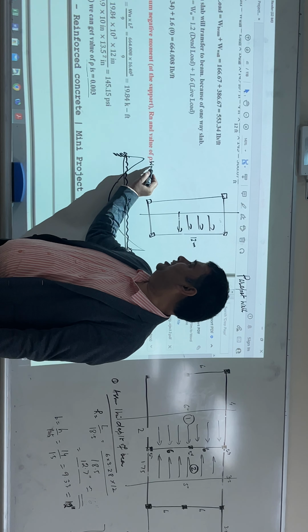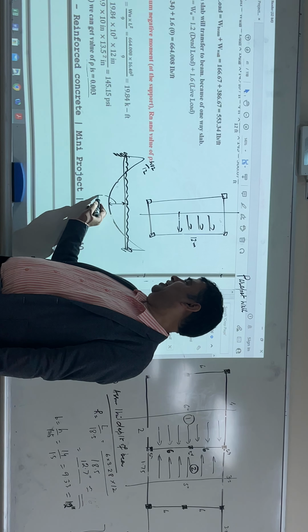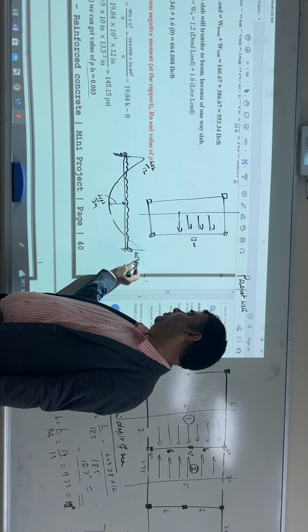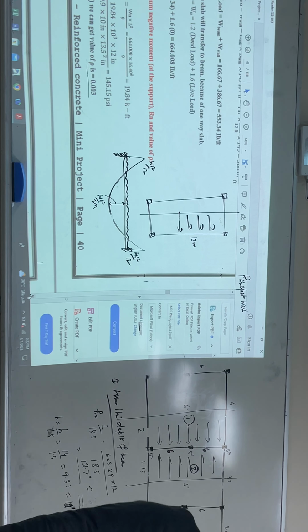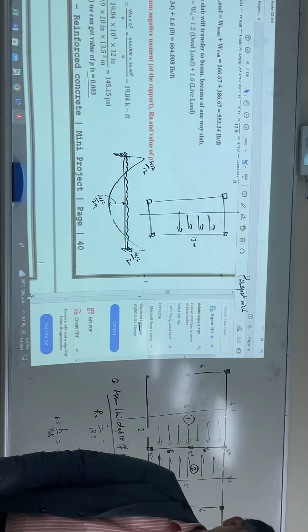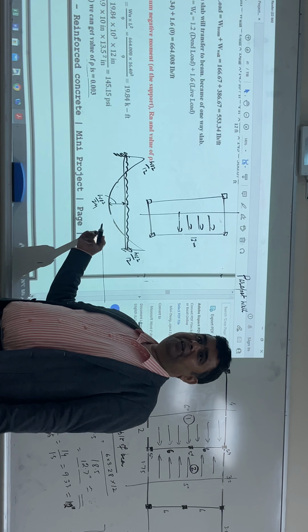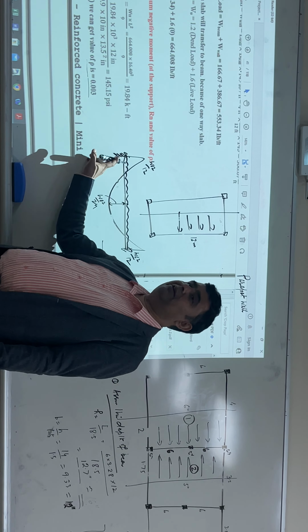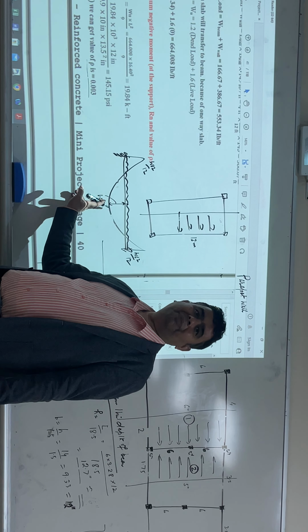Here WL square by 12, and this will be WL square by 24. This is the moment. How will you analyze the fixed beam? Because it is a simply supported beam, if you convert it to fixed end moments, it is WL square by 12 and WL square by 12, and here WL square by 8.